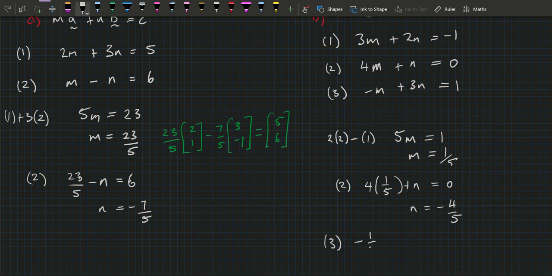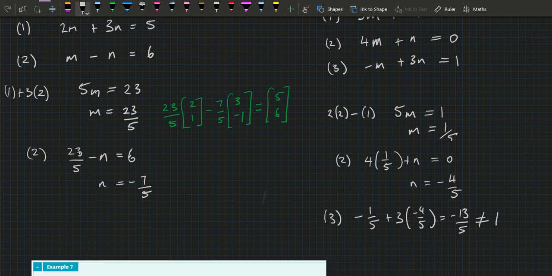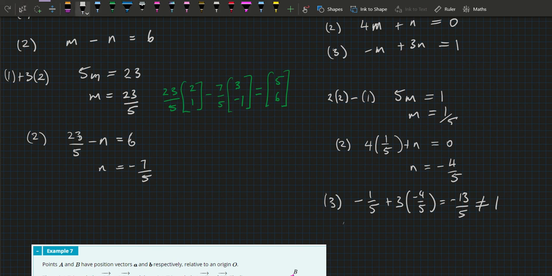Minus 1 on 5 plus 3 times minus 4 on 5 is equal to minus 13 on 5, which is not equal to the 1. So A, B, and C are not linearly dependent.